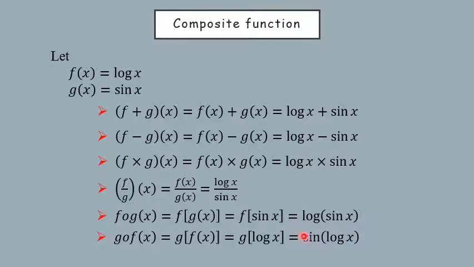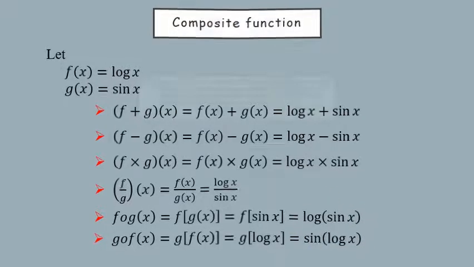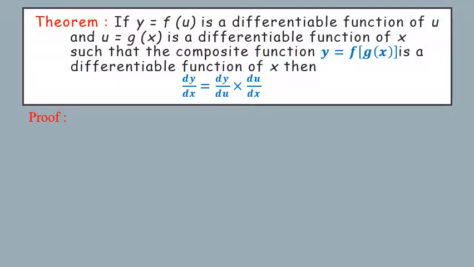And now we are going to find the derivative of such types of functions. First we are going to prove this theorem. In this theorem, if y is equal to f of u is a differentiable function of u, and u is equal to g of x is a differentiable function of x, such that the composite function y is equal to f of g of x is a differentiable function of x, then dy by dx is equal to dy by du into du by dx.